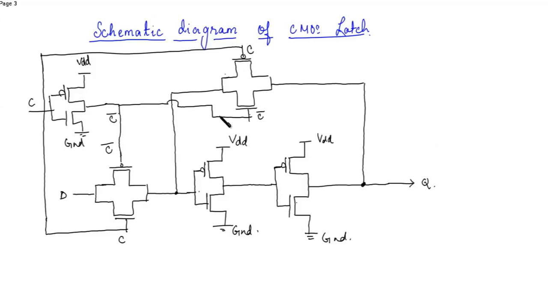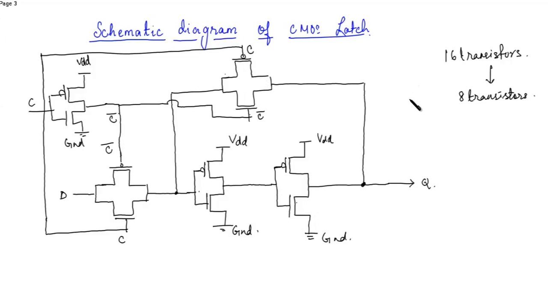So total 16 transistors will be used if we use 4 2-input NAND gates. If we design using the transmission gate, then this is reduced to 8 transistors, which is done by using 2 transmission gates and 2 inverters.